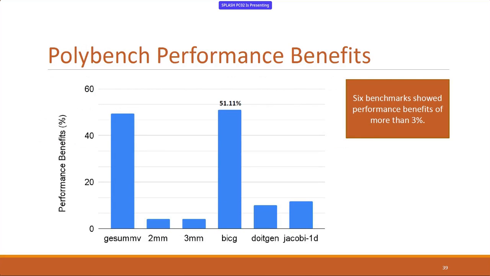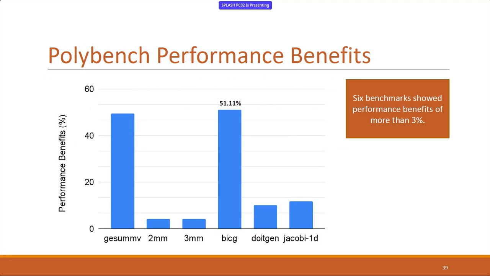The results indicate that performance benefits of more than 3% can be achieved for 6 Polybench benchmarks, shown in this graph. The x-axis represents the benchmark name and the y-axis represents the performance benefits, estimated as the percentage decrease in execution time with respect to the native execution time of the benchmark.